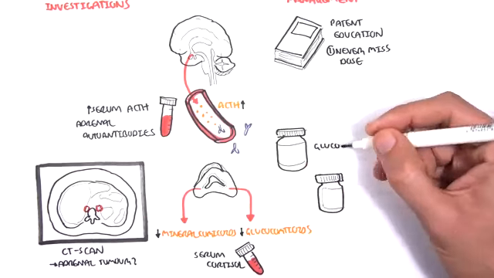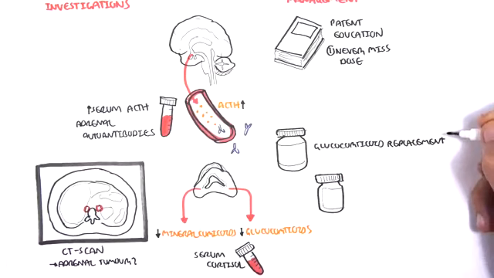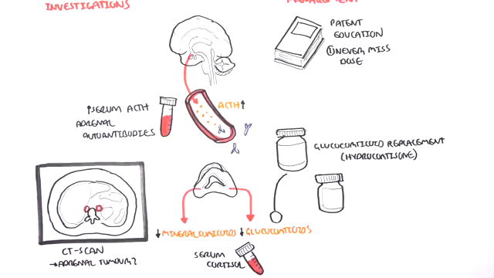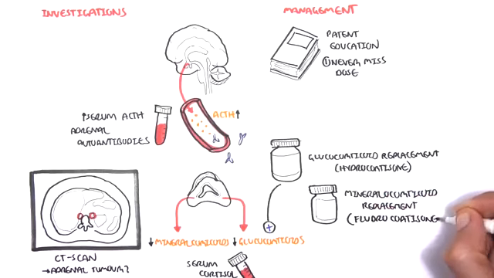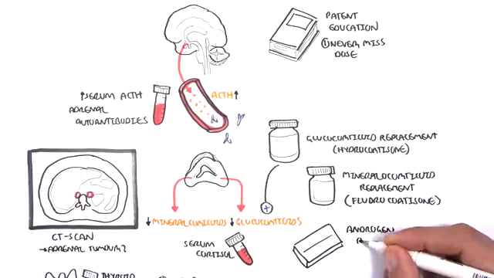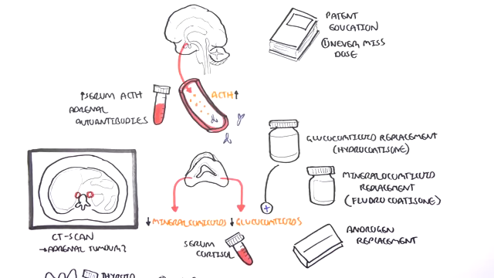This means using glucocorticoid replacements such as hydrocortisone, mineralocorticoid replacements such as fludrocortisone, and this will replace diminished endogenous mineralocorticoid production. Androgen replacement is mainly for females.